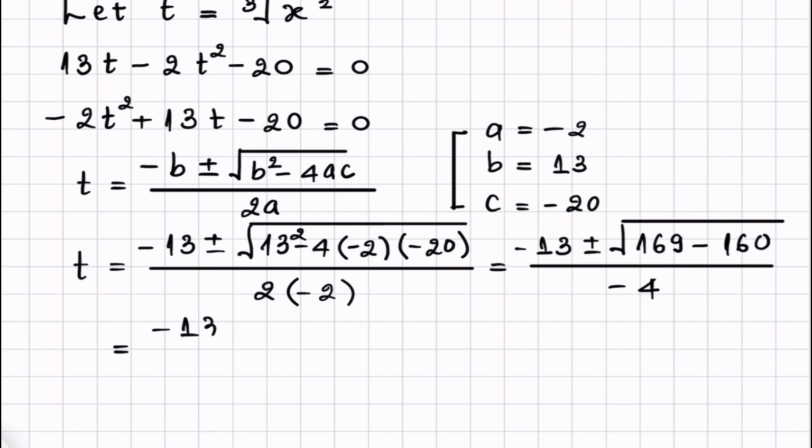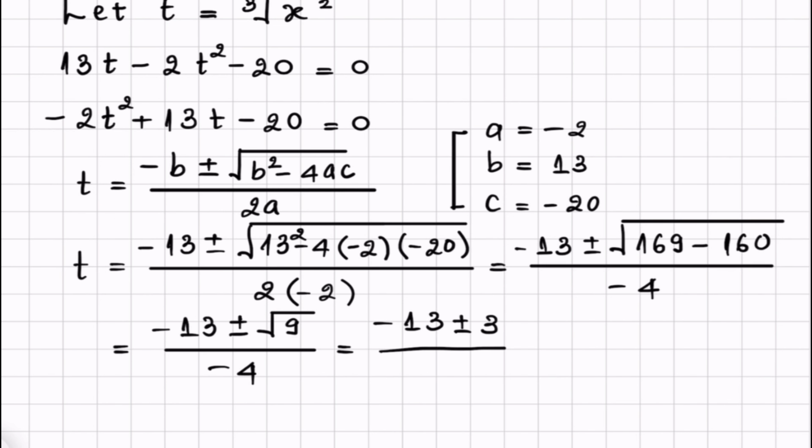Minus 13 plus or minus the square root of 9 over minus 4, okay, then minus 13 plus or minus the square root of 9 equal to 3 over negative 4.